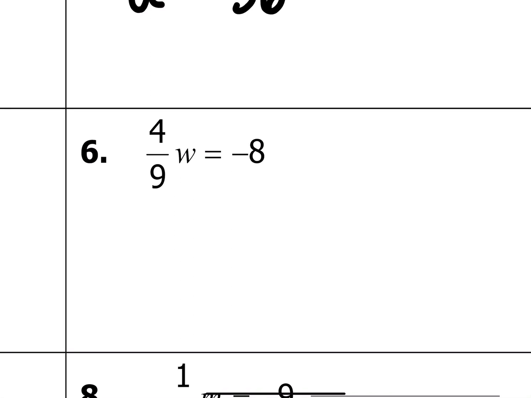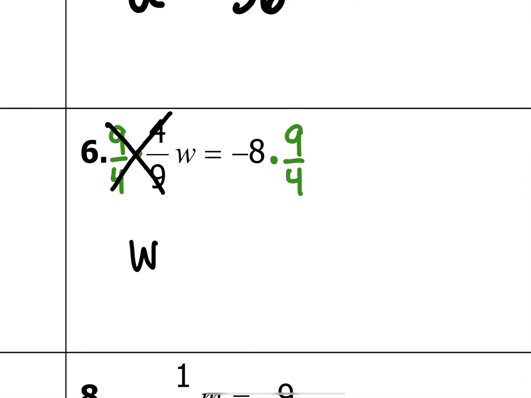Number 6, same process. I have a fraction for my coefficient, so I'm going to multiply by the reciprocal on both sides. These cancel, and we get w is negative 72 over 4, which is going to simplify to negative 18.